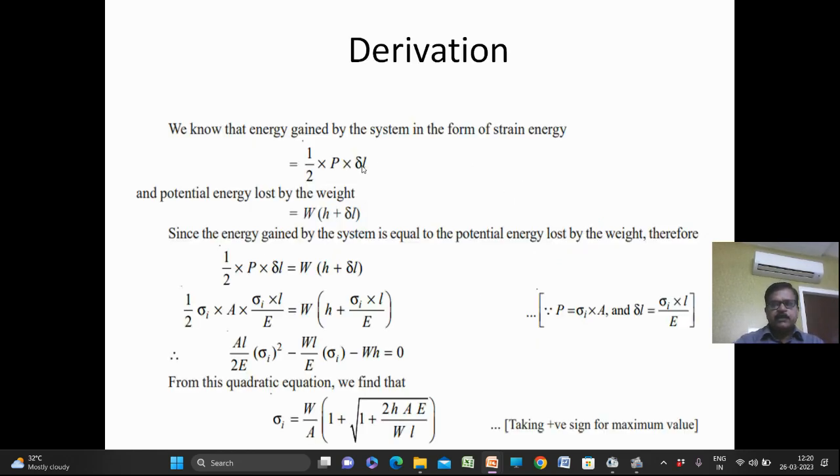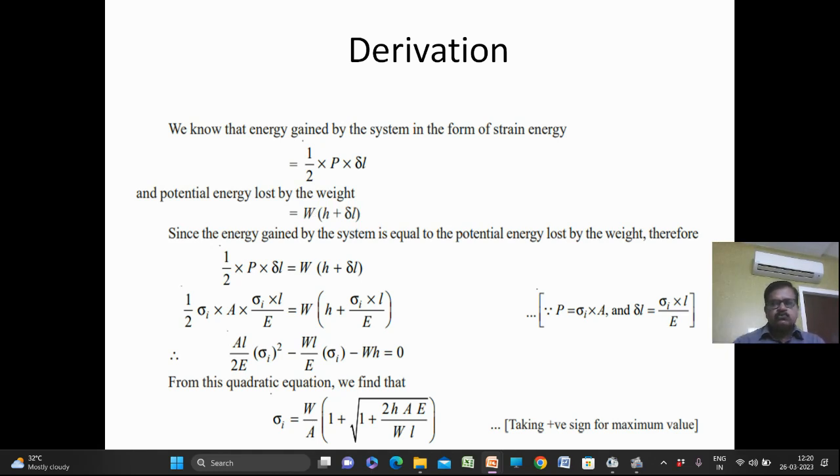So that area is equal to half P into delta L, where half P is the average load applied onto the bar.